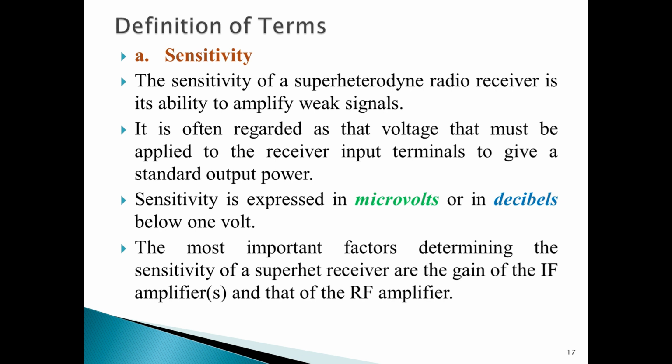Sensitivity is expressed in microvolts or in decibels below 1 volt. The most important factors determining the sensitivity of a superhet receiver are the gain of the IF amplifiers and that of the RF amplifier.